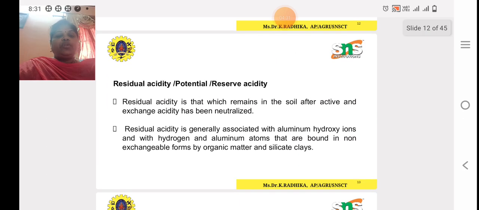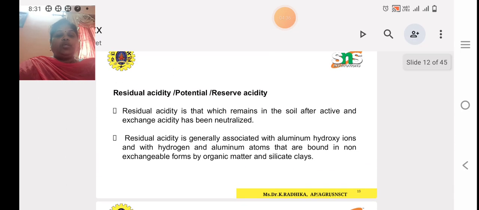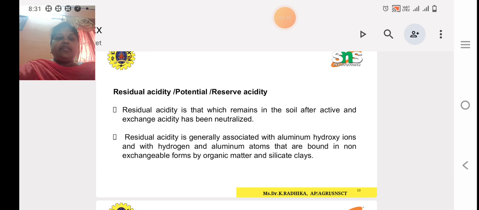The last one is residual acidity, also called potential or reserve acidity. Residual acidity is that which remains in the soil after active and exchangeable acidity has been neutralized. Residual acidity is generally associated with aluminum hydroxyl ions and hydrogen-aluminum that are bonded in non-exchangeable forms by organic matter and silicate clays.